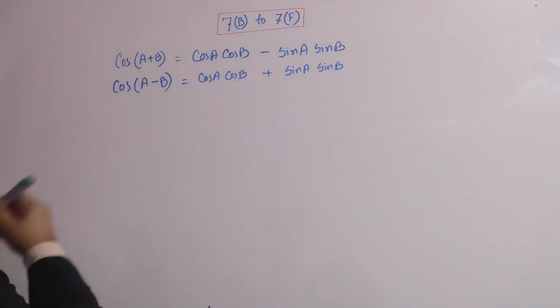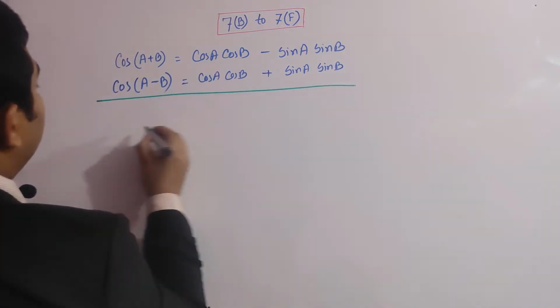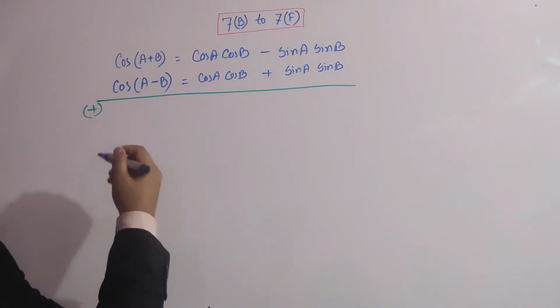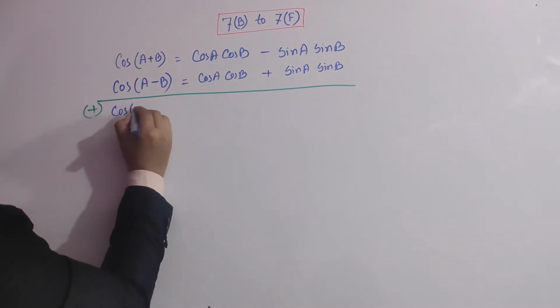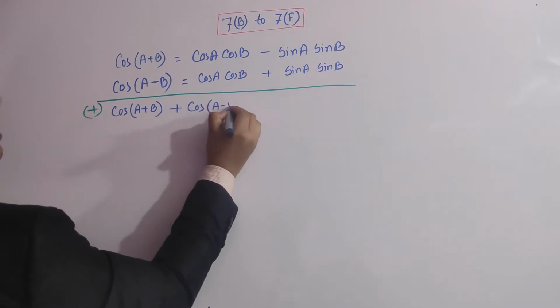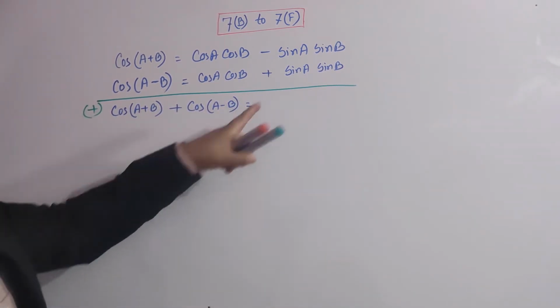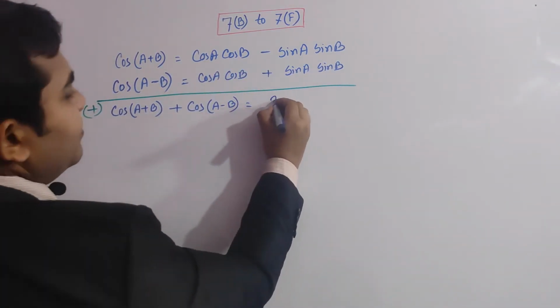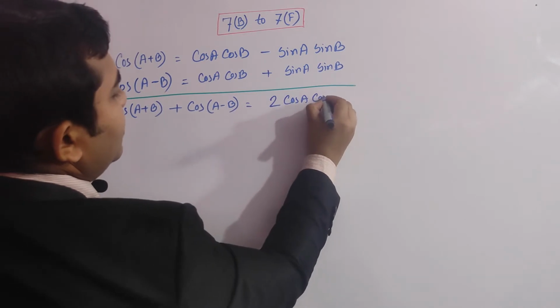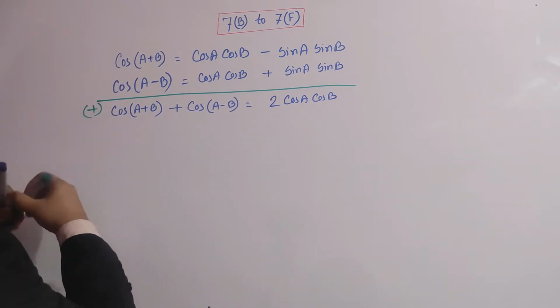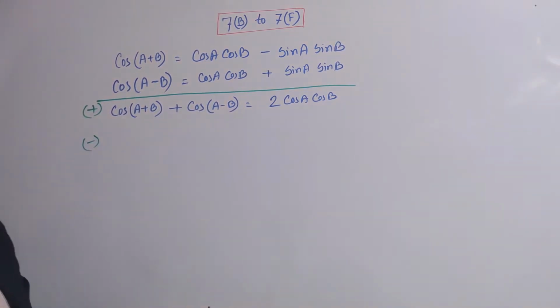If we add these two, then we'll get cos A plus B plus cos A minus B. When we are adding, these two parts are gone. So we'll get 2 cos A cos B. And if we subtract these two, what will we get? When we are subtracting, all the signs should be changed.